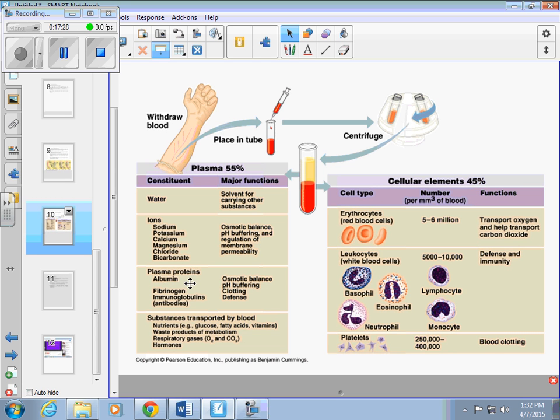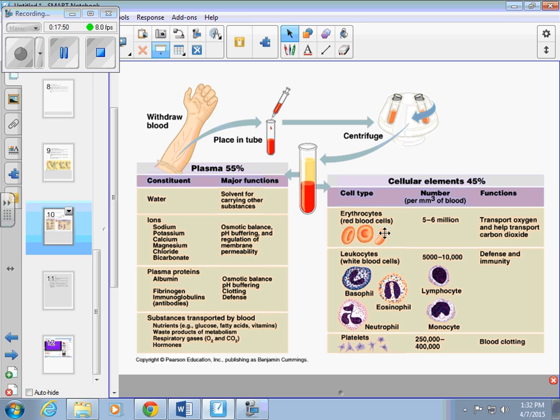Please write that there are plasma proteins in there, and those proteins will help in defending and clotting and keeping, again, that water balance in the blood. And then the last thing that makes up the plasma are the things that the blood is actually carrying. So things like food or waste products or hormones, that is all part of the plasma as well.